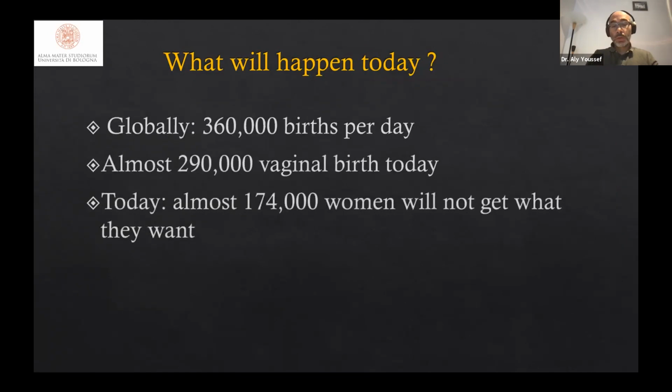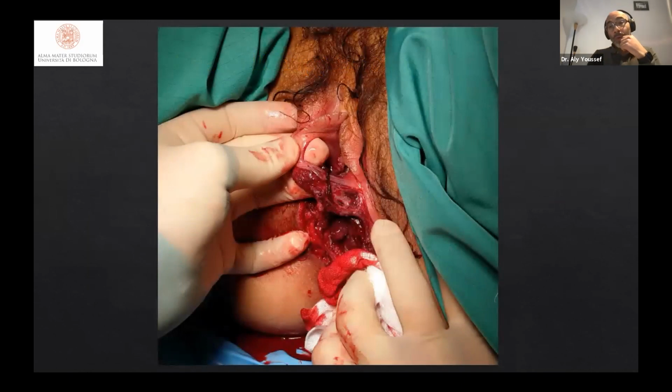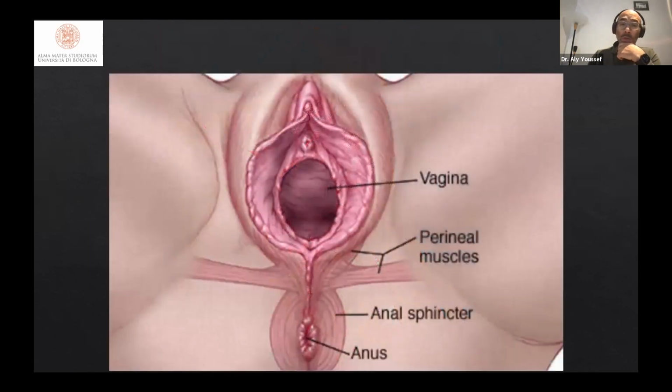By doing just two calculations, if we accept that the model suggested by Codwell Hall is correct, this means that today, in the next 24 hours, more than 170,000 women will not get what they want. So we know that many women do suffer from significant perineal lacerations in the labor ward, but this is not the whole story.